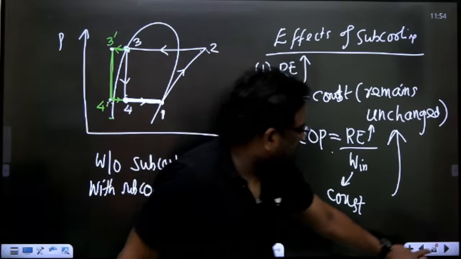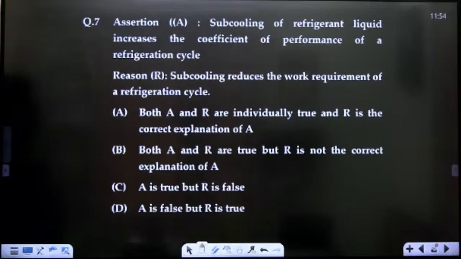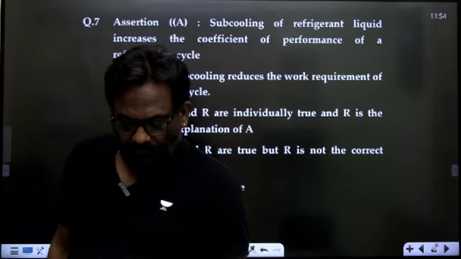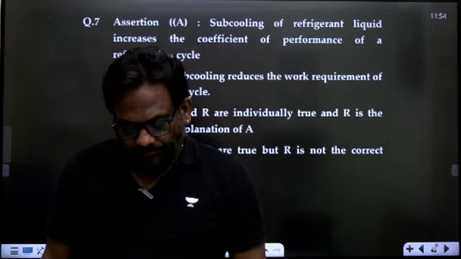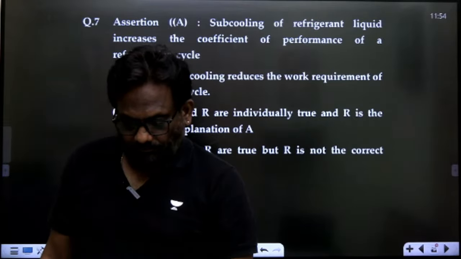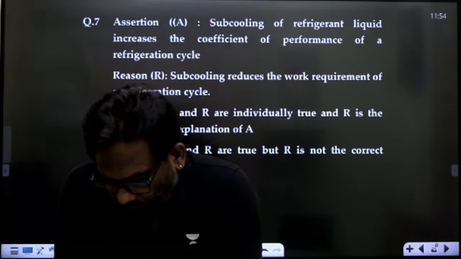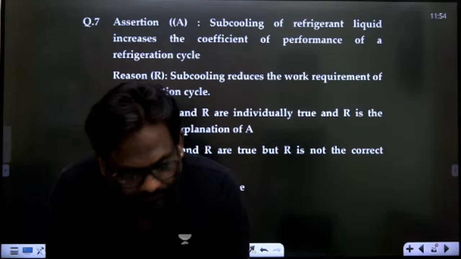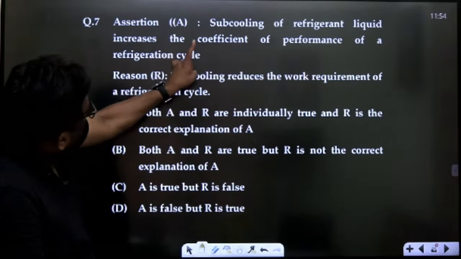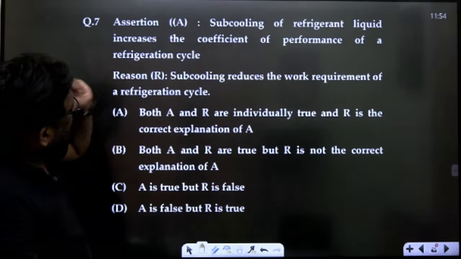Please answer this question. दिख रहा है सर? Can you see the question? Subcooling of a refrigerant liquid increases the COP.